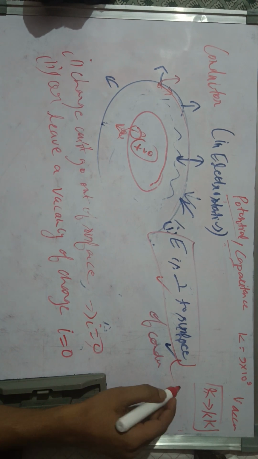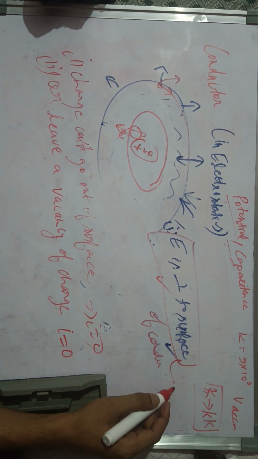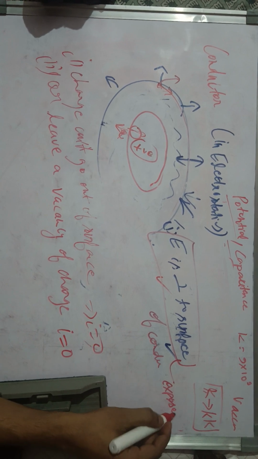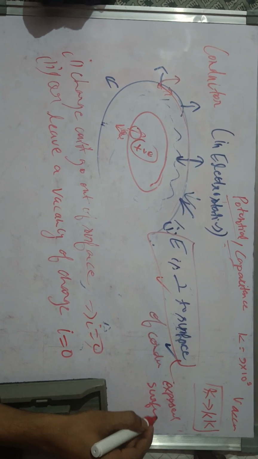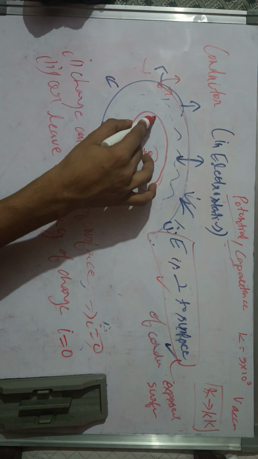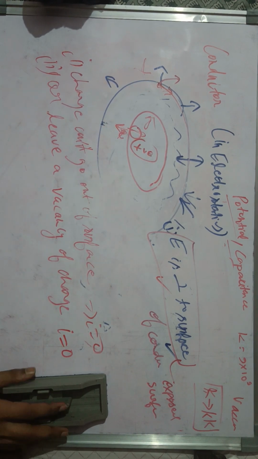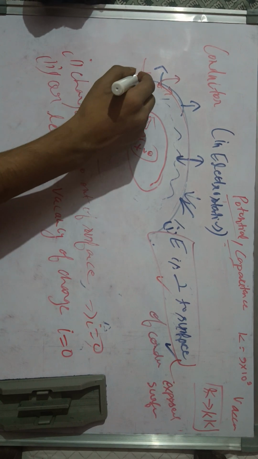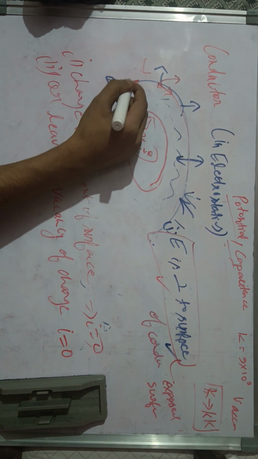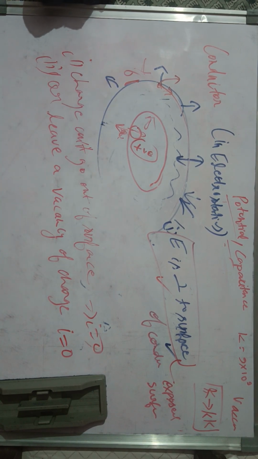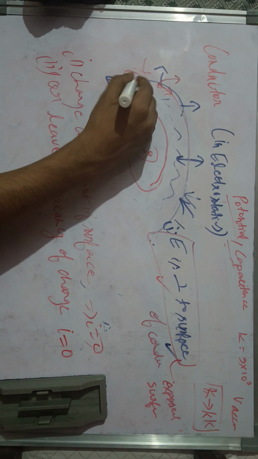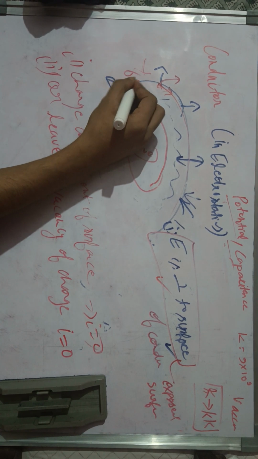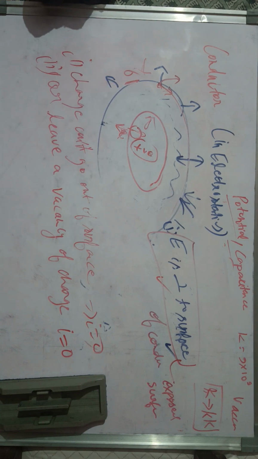And the surface we are choosing is the exposed surface, like this surface or this inner cavity surface. Let's say this surface has sigma charge density, and this small area element has sigma charge density.